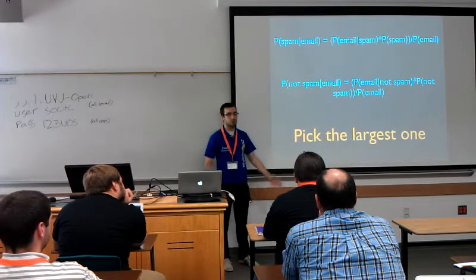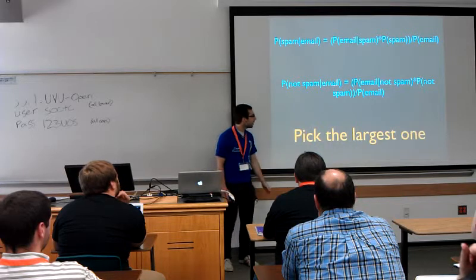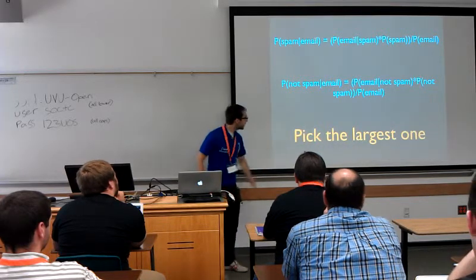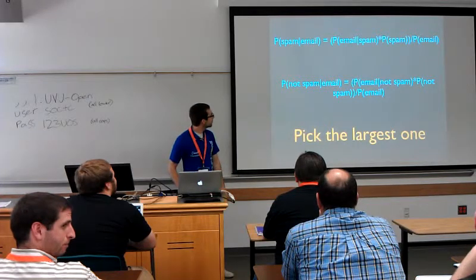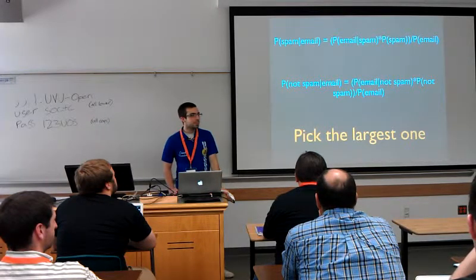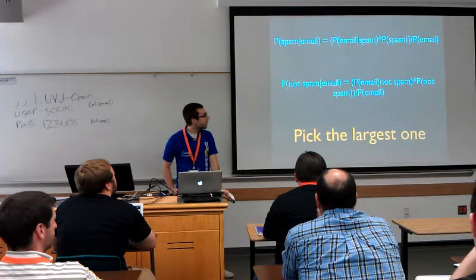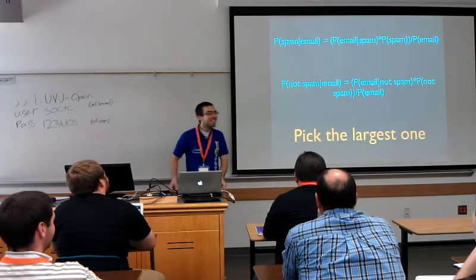And then what do you think you would do to call it spam or not spam? Choose the bigger one. Yeah, you just pick the biggest one. You can make that a little clearer if you don't do spam and not spam, but have 3, 4, 5 different things to classify, rather than just a yes or no decision. Now with spam, it's yes or no. Well, it could be like spam I love, spam I don't like.